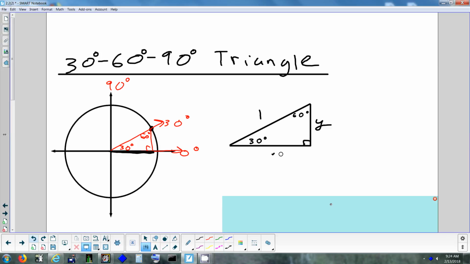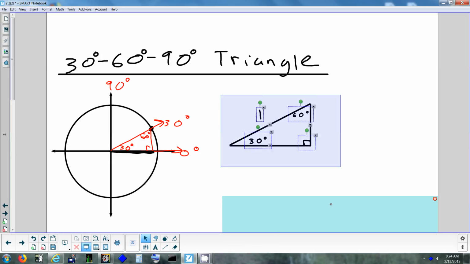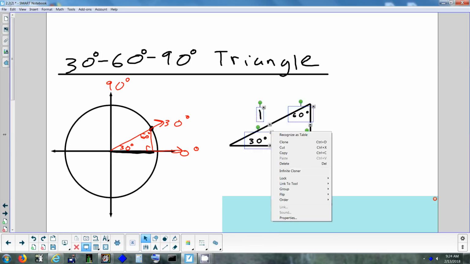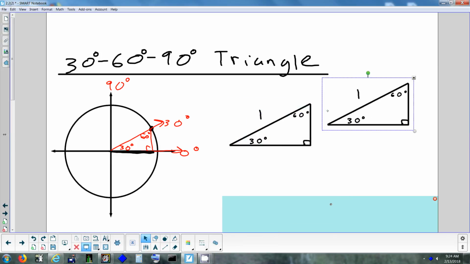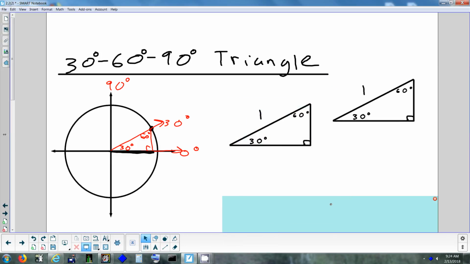So what I'm going to do is give you a hint at what you need to do, and it's like a visual trick. I'm going to take and first group all that together, and I'm going to make a copy of that. Okay. Any thoughts what I'm going to do with that copy?